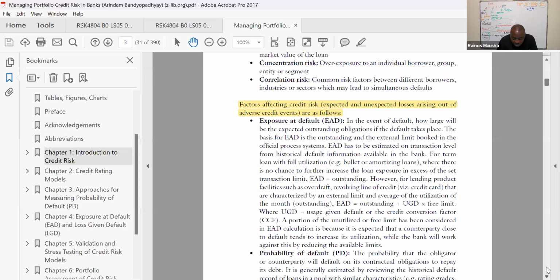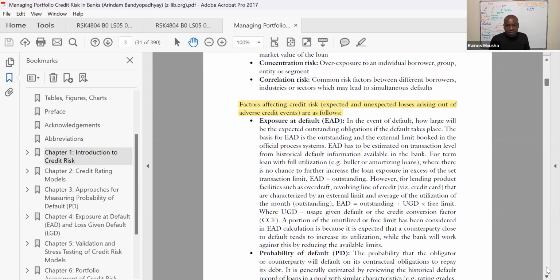A portion of the unutilized or free limit is considered in the exposure at default calculation because it is expected that the counterparty close to default tends to increase its utilization while the bank will work against this by reducing the available limit.